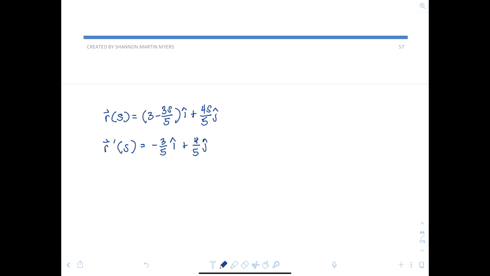Now, the magnitude of r prime at s is going to be the square root of negative 3/5 squared plus 4/5 squared, which is root, let's see, 9 plus 16, we get 25 over 25. So root 1, which is 1.